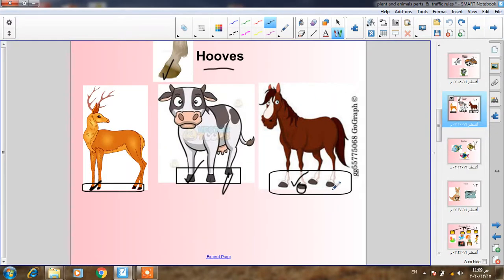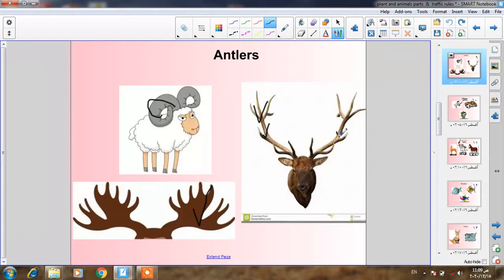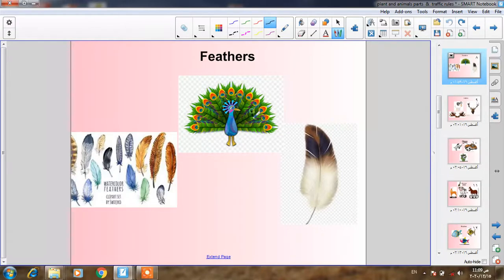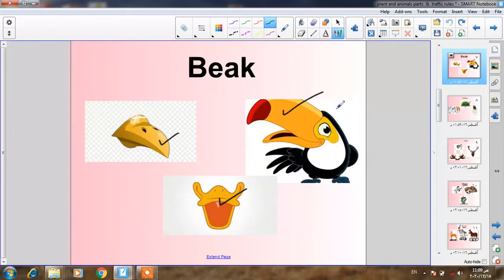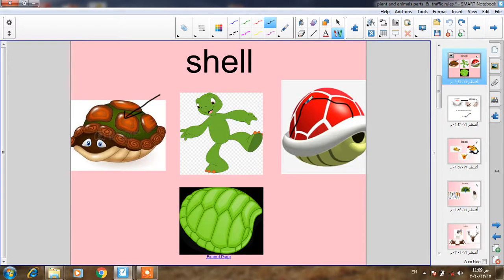And the scales. And this, hooves. And this, claws. And this, antlers. And this, feathers. And this, beak. Wings. Shell.